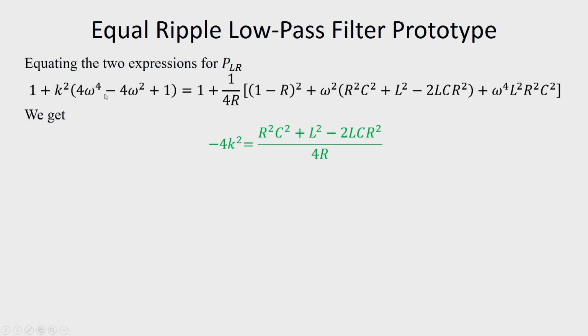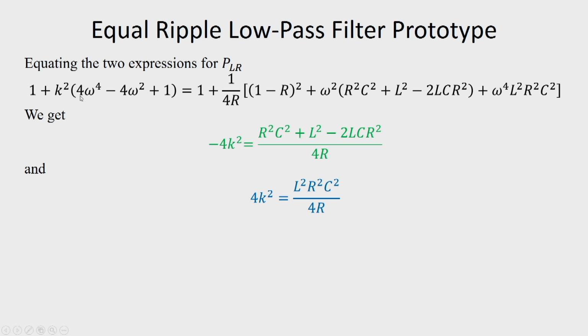One is minus 4 k square is equal to r square c square plus l square minus 2 L C r square divided by 4 r. So, this is one equation we get, and another equation we get by equating the coefficients of omega to the power 4.